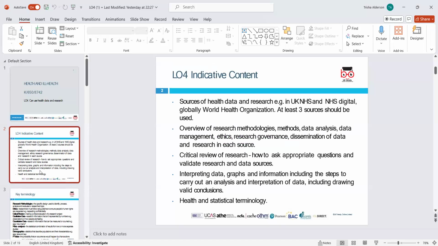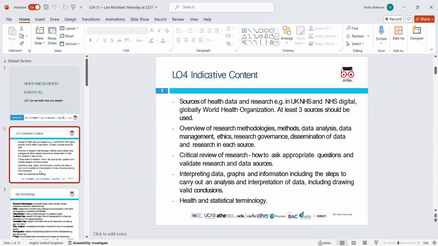And when you're doing your assignment, you must use at least 3 sources from these or from others as well. We're going to be looking at an overview of research methodologies, methods, data analysis, data management, ethics, research governance, dissemination of data and research in each source.